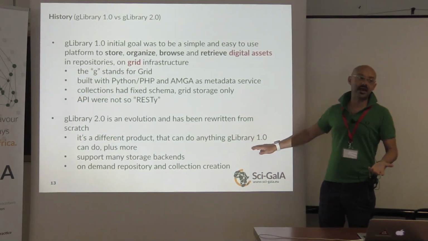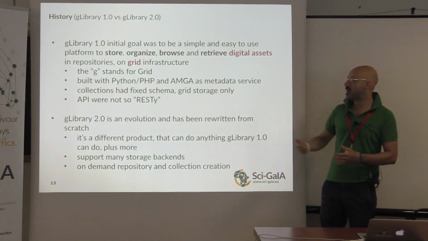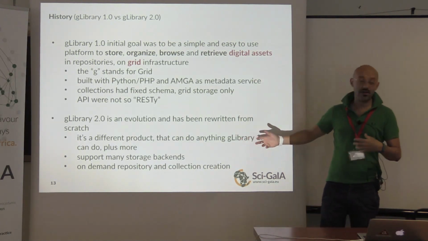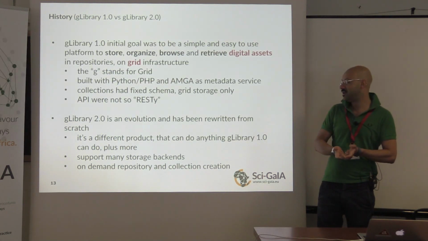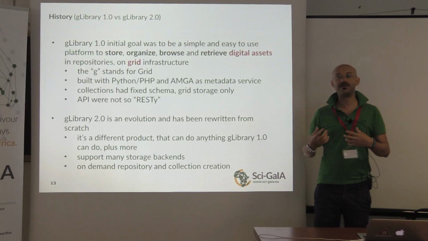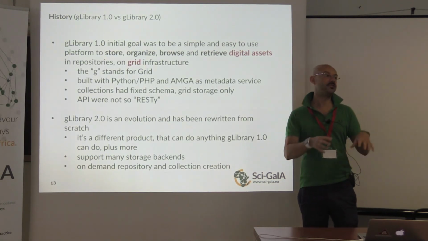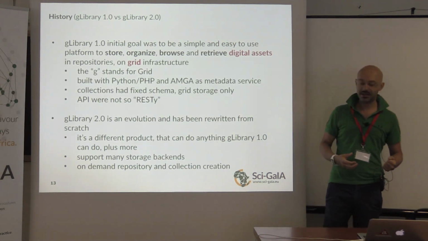It can do anything that can be done in GLibrary 1.0 plus more. It supports many storage backends, and it allows the creation on demand of a new repository and of a new collection, while in GLibrary 1.0 the administrator needed to create a repository and a collection in advance.